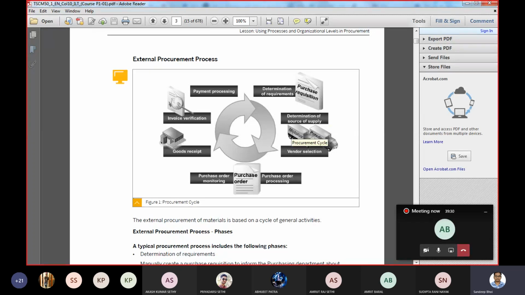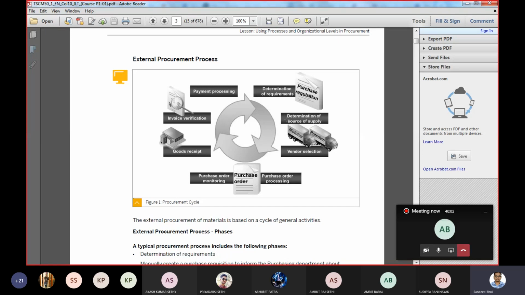Then what do we do after finding various vendors? Obviously, in the market there are various vendors, but you need to select one vendor out of them. So who will be the perfect vendor? For that purpose, at this stage you ask for a request for quotation, that is called RFQ. A request for quotation needs to be sent to each vendor we have selected.